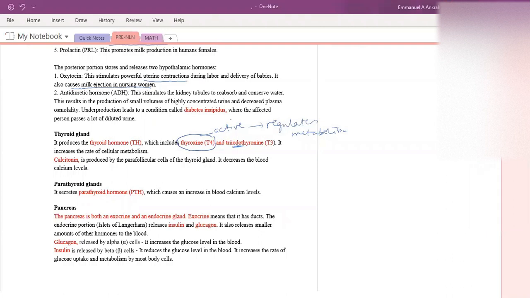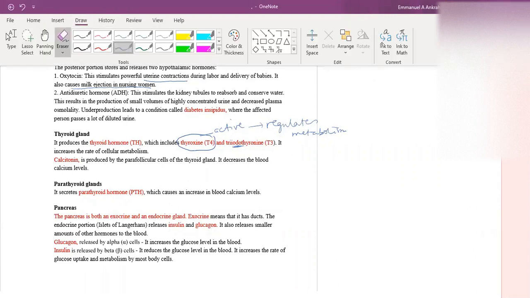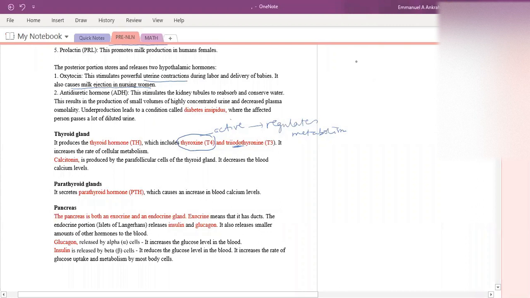So for thyroxine, we said you need iodine.